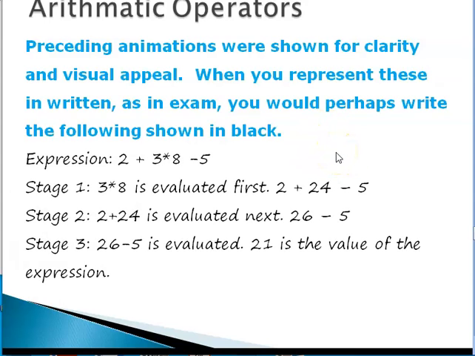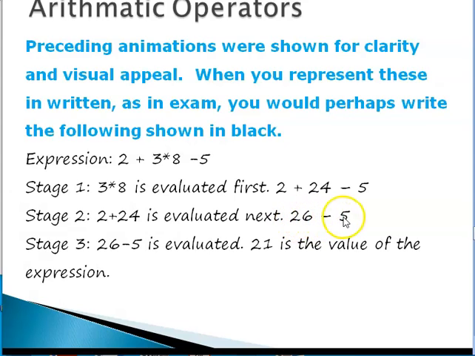These animations were shown for clarity and visual appeal. When you present these in a written exam, you perhaps would write the following, shown in black. For example, if this is the expression, you would write: expression is 2 plus 3 star 8 minus 5. Then 3 star 8 is evaluated first, giving 2 plus 24 minus 5. Then stage 2, 2 plus 24 is evaluated next.